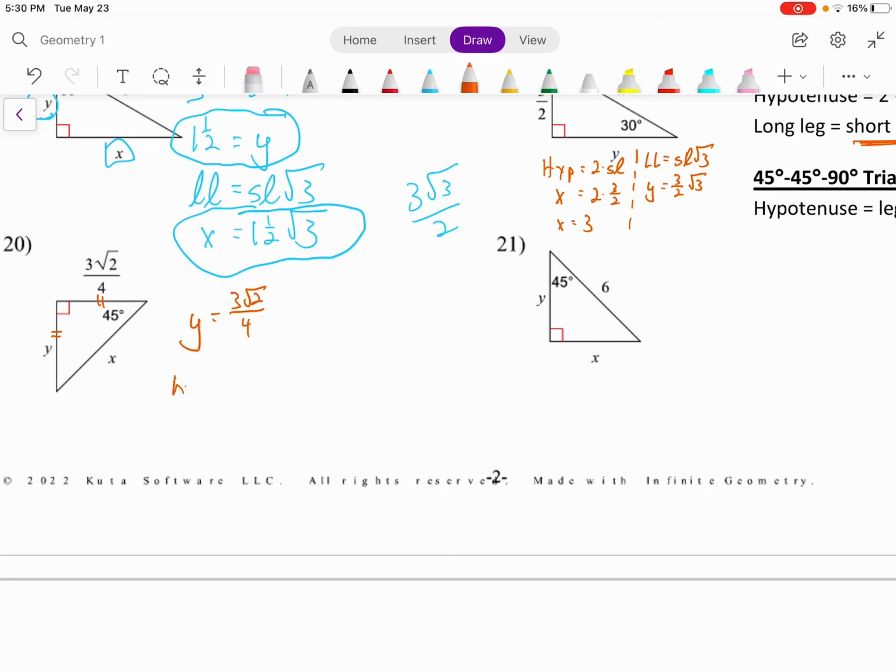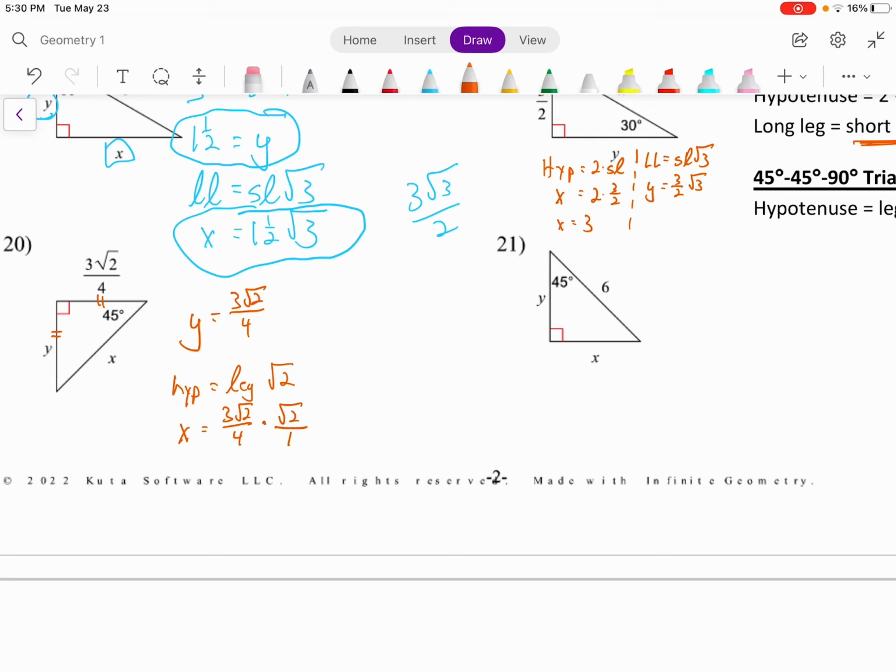And then we also know the hypotenuse is a leg times the square root of 2. So the hypotenuse in number 20 is x, a leg, either one, they're the same, is 3 times the square root of 2 over 4 times the square root of 2.